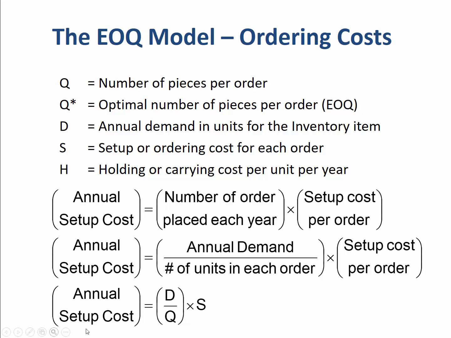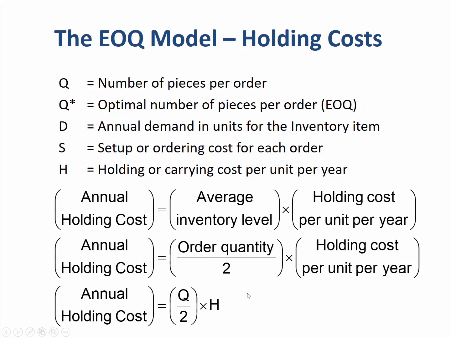So overall, the annual setup cost or ordering cost is D divided by Q multiplied by S. Let's keep that in mind for later on. The other part of the equation and the other cost is the holding cost. And the holding cost is simply the cost of holding those items in a warehouse in inventory. That cost is directly proportional to the amount of units of inventory that we have on hand.